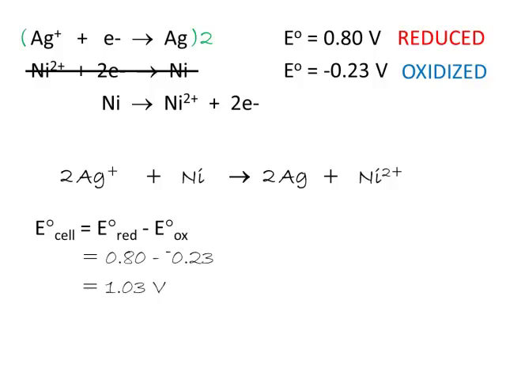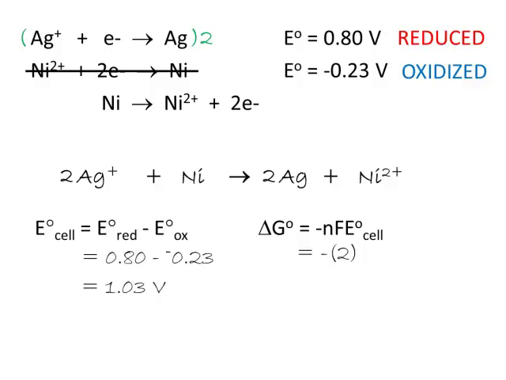Now, to calculate delta G for the reaction, we use the equation delta G equals negative N times F times E naught for the cell. N is the number of electrons transferred. When we balanced the number of electrons between the two half reactions, how many electrons did we get to? 2. That's our value for N. F is a constant.